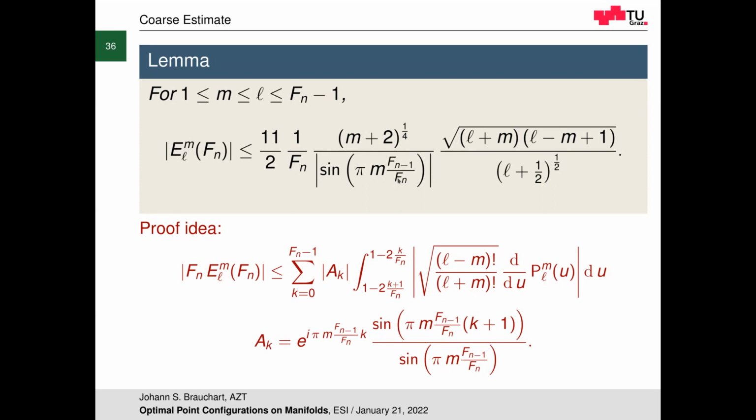But I believe it can be done better, in particular because Ben Sporter did a lot of these estimates in his papers, but there he has an irrational number instead of the ratio Fn minus 1 divided by Fn.